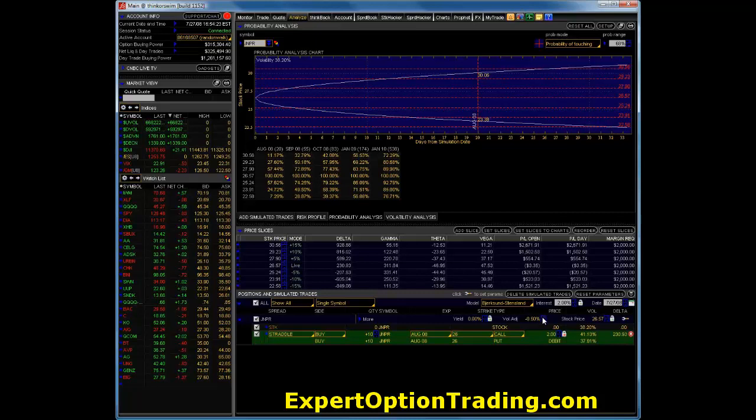If volatility were to increase, we would make that amount in additional profits on our straddle. An additional 1% volatility will increase our profitability by $47.64.